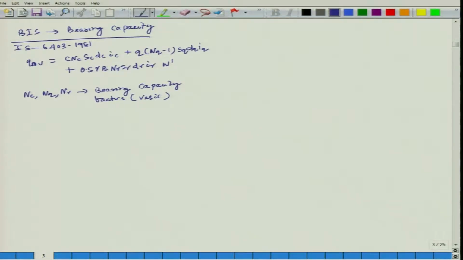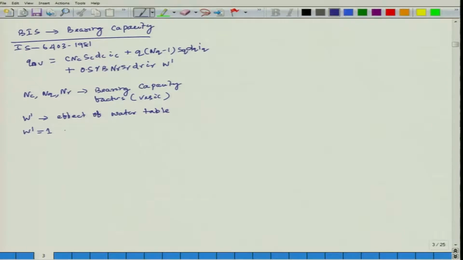Then W is the water table effect. W prime is the factor that takes into account the effect of the water table. If W prime is equal to 1, what does it mean?